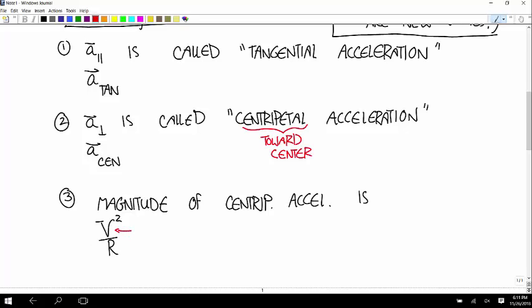So v here is the speed of the object, and R is the radius of the circular path. Okay, that's totally new information, and you can see how that's really useful.